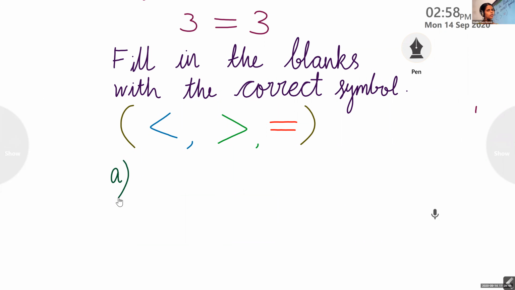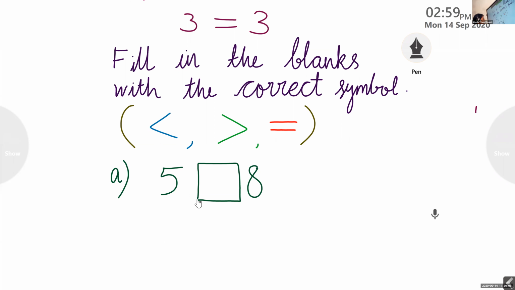Are you ready for the question? Okay, good. We have the first question, A. We have 5 here and 8 here. Here we have to put the symbol in the box.